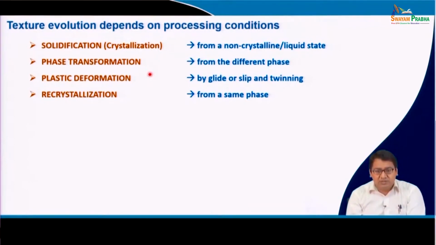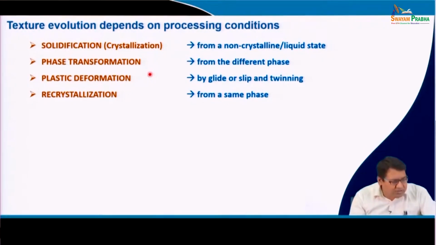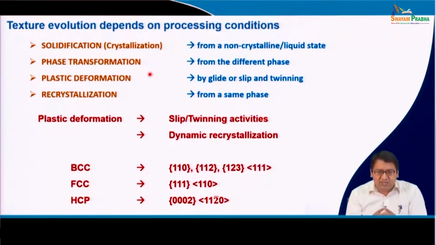Plastic deformation, on the other hand, occurs by the process of dislocation slip or by twinning. Now, during plastic deformation, this slip and twinning activity will change the orientation of the polycrystalline material with respect to the deformation direction or the deformation planes.